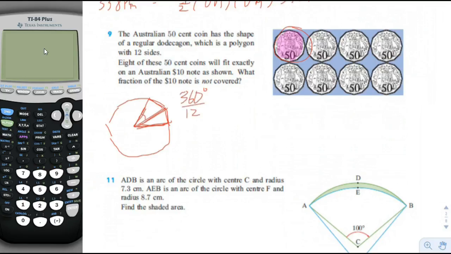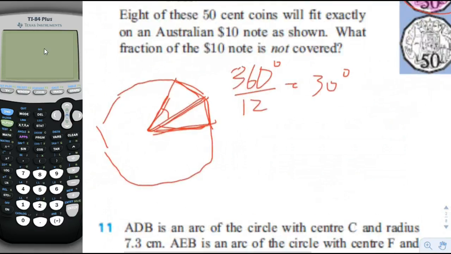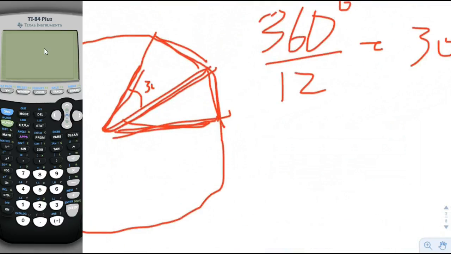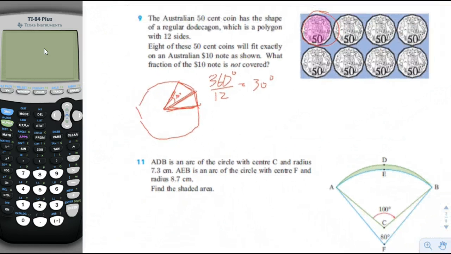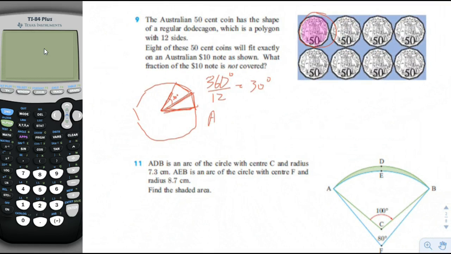Now it's going to be 360 divided by 12, which is quite an easy angle. It's 30 degrees. So each one of these angles here is a 30-degree angle. And to find the area of one of these pizza slices, it would be 1/2 times something, let's call it x squared, times the sine of 30 degrees.